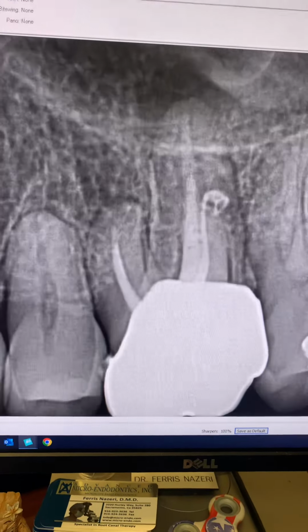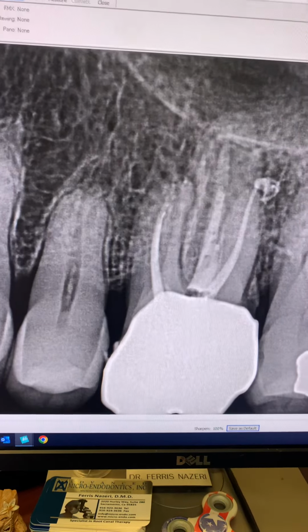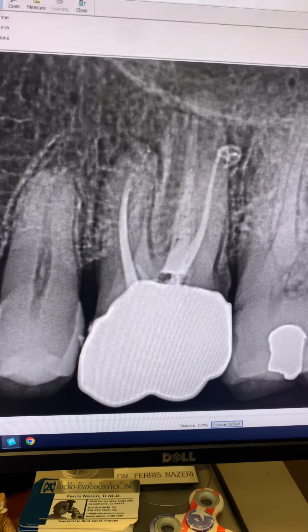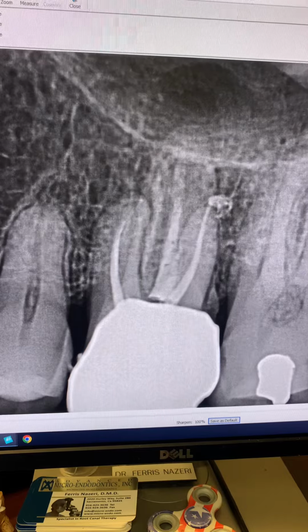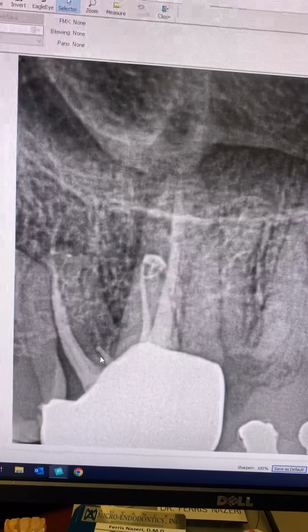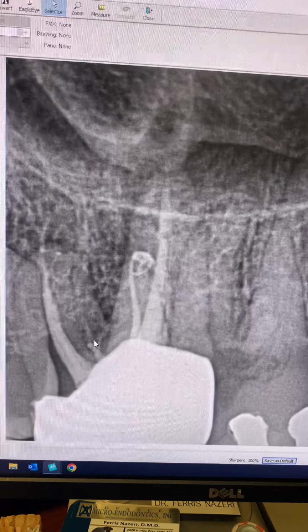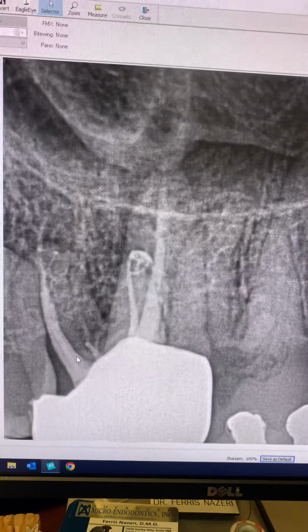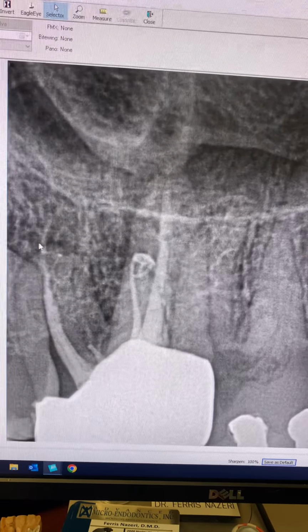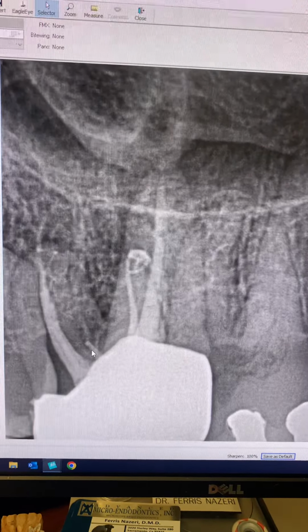The MB3, I could not get any further than that. It just would not go. I couldn't instrument it any further. You can see the MB1 and the MB2 right there, they join. You can see the multiple portals of exit and the periapical lucency there. So that was another issue that I was concerned about.